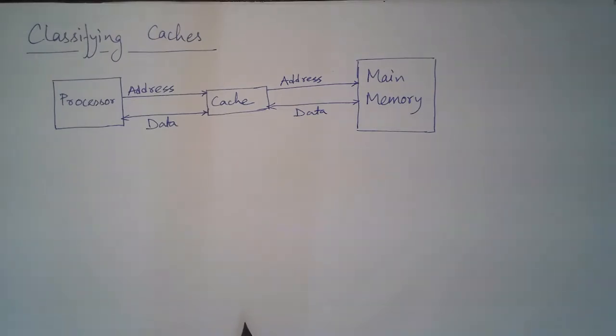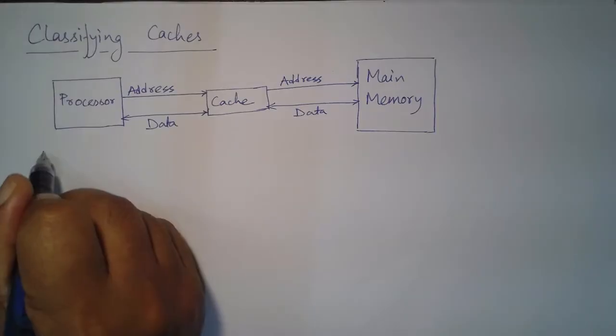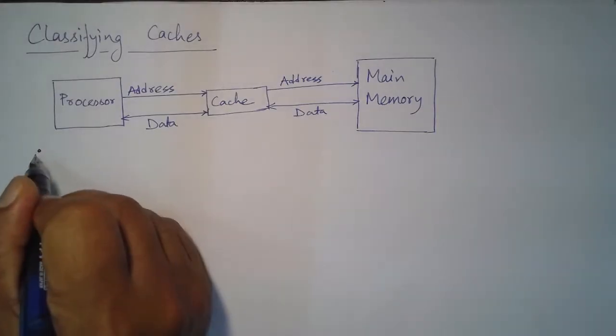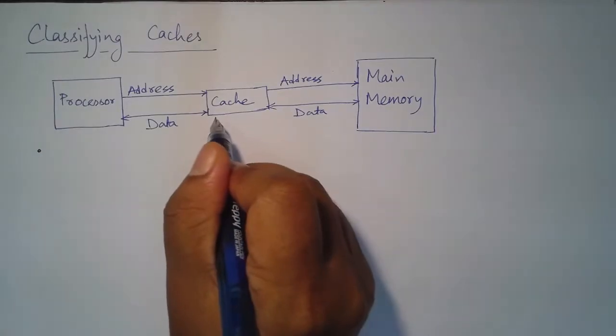Now let's try to look at what the different types of caches are. The different types of caches can be based on certain things, the way the cache implements them. The first thing we will be looking at is how the cache gets populated.